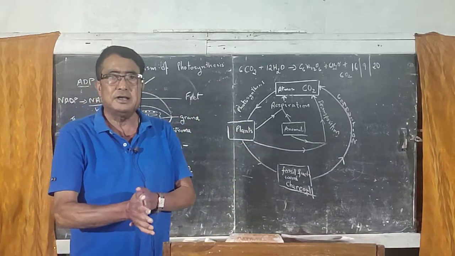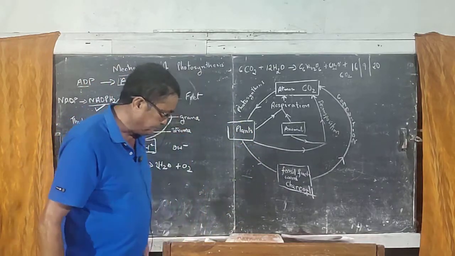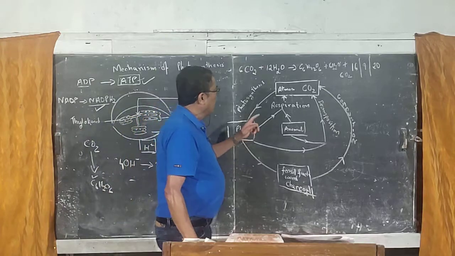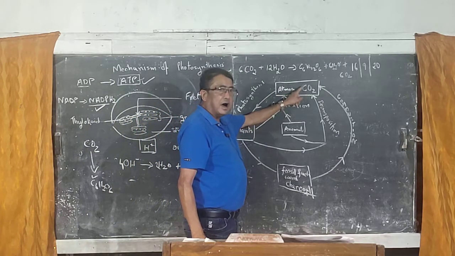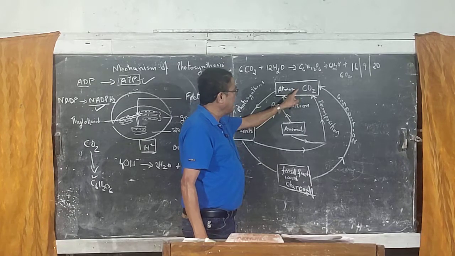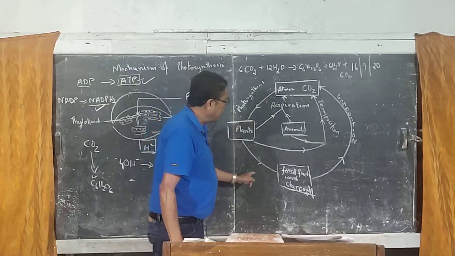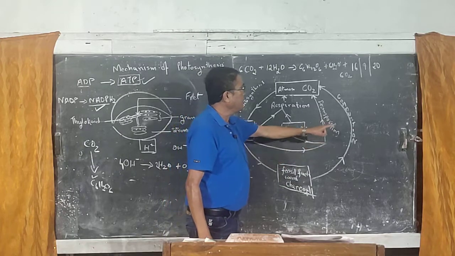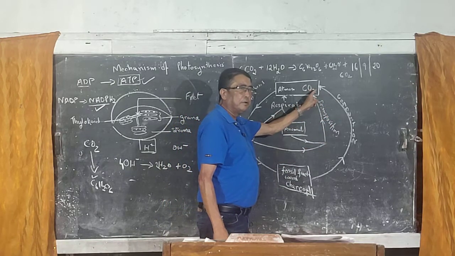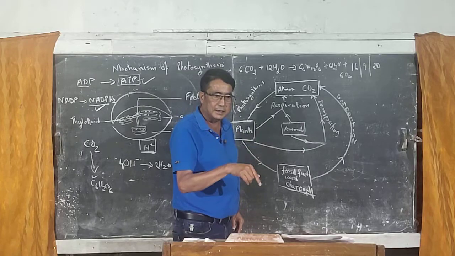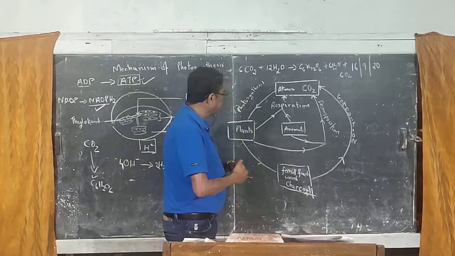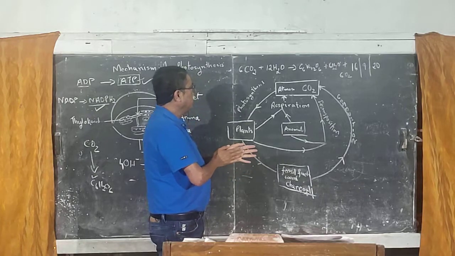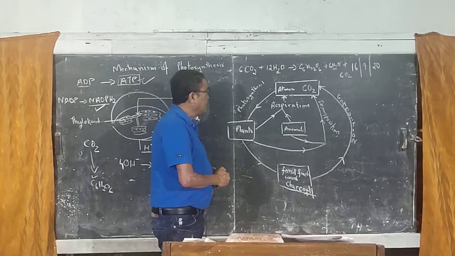Now, the carbon cycle. The removal of carbon in the form of carbon dioxide from the atmosphere and the return of the carbon dioxide back to the atmosphere forms a cycle. So this is called the carbon cycle. Now, how does it take place?